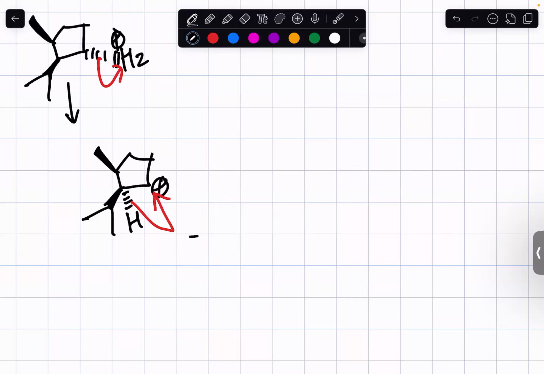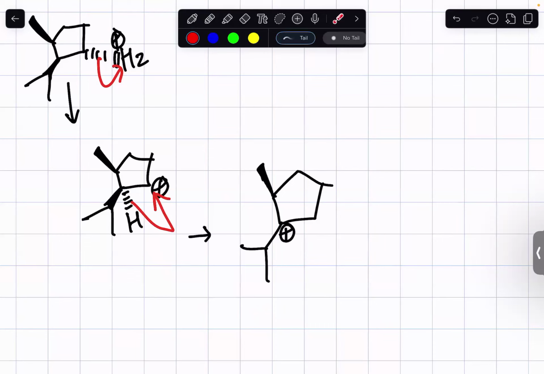And that's going to create another void at the more stable substituted position right here. But now the wedge isopropyl is going to be a flat planar bond because this carbon is now sp2 hybridized, which is trigonal planar, flat and planar. But now we have a more substituted, more stable carbocation where this is the alpha carbon.